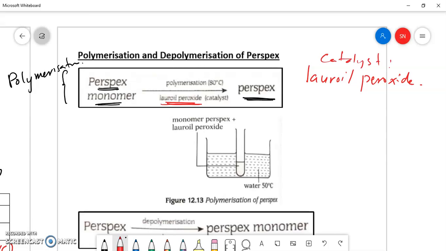So you already know what a catalyst is from our previous chapters. A catalyst is used to make the reaction faster, in this case to form perspex at a much faster rate.